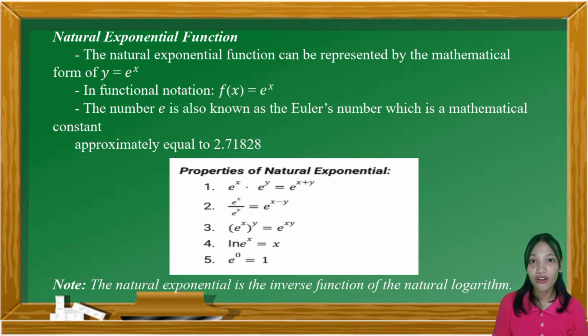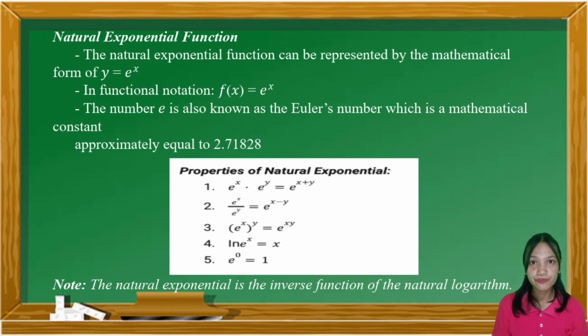Just like in the basic laws of exponents, there are some laws which are applied to the different properties of the natural exponential. So number 1, e raised to the power of x multiplied by e raised to the power of y is equal to e raised to x plus y. This is the same as the basic law of exponents like I've discussed earlier.